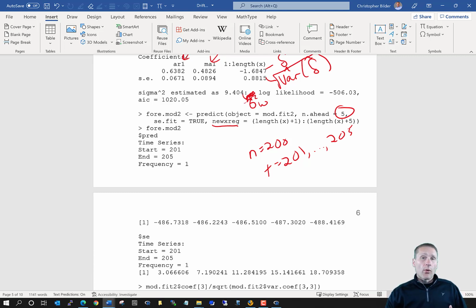What should be the corresponding value for t? And so what I tell R is that I want to start at the length of x plus 1, in other words n plus 1, and go in terms of the integers by 1 to n plus 5. Here are the corresponding point estimates for these forecasts.